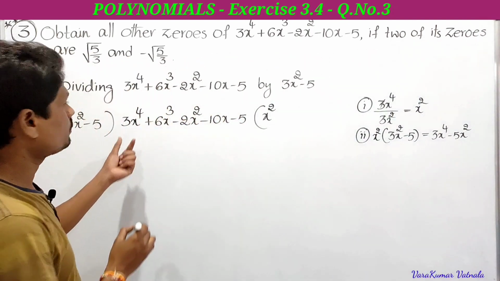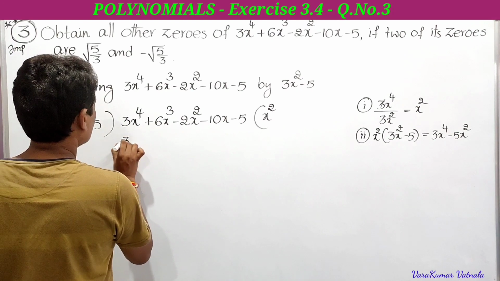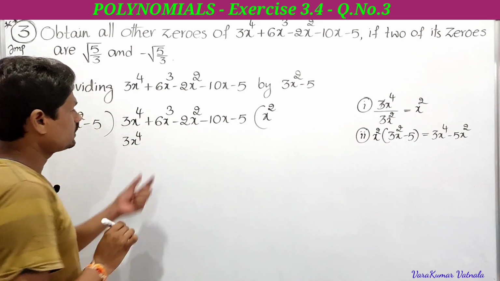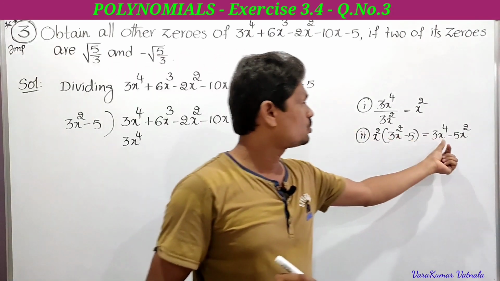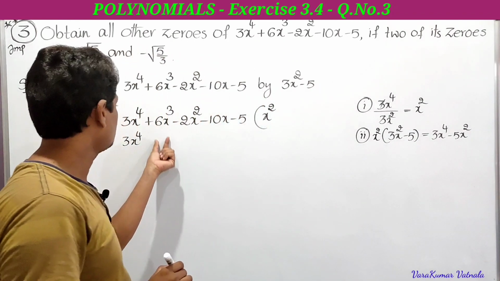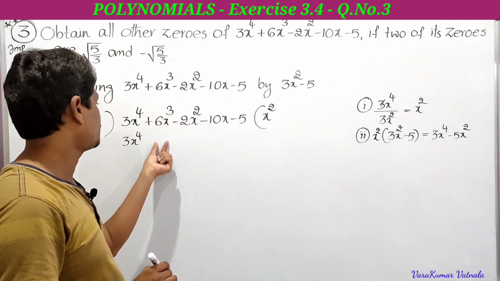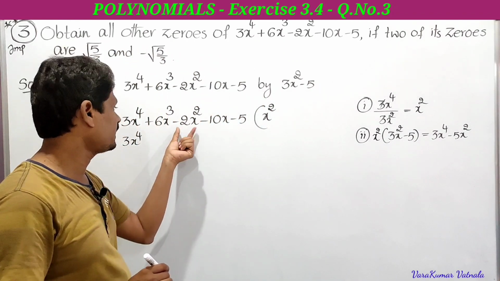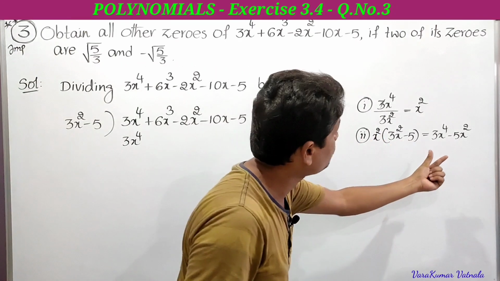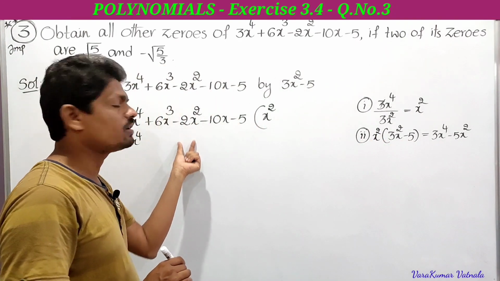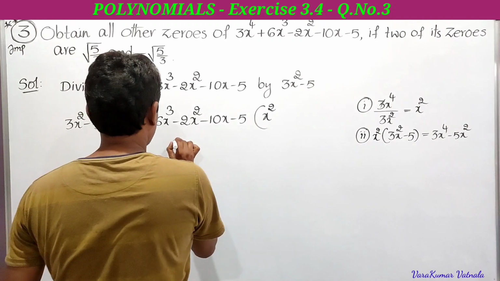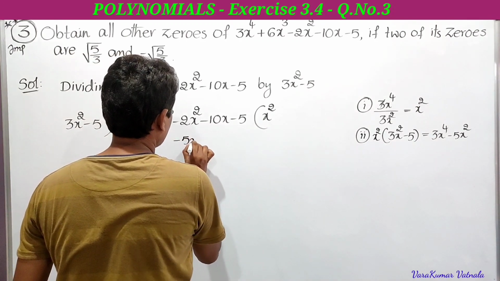Here 3x to the power 4 is there. Here 6x cube is there, but there is no x cube term in this product, so leave the space below the x cube term blank. Write this minus 5x square below the term of x square.